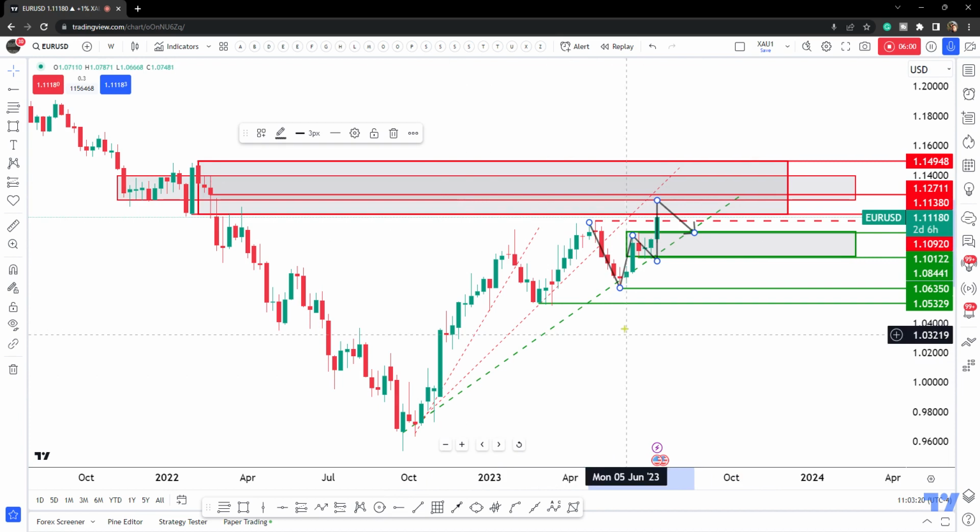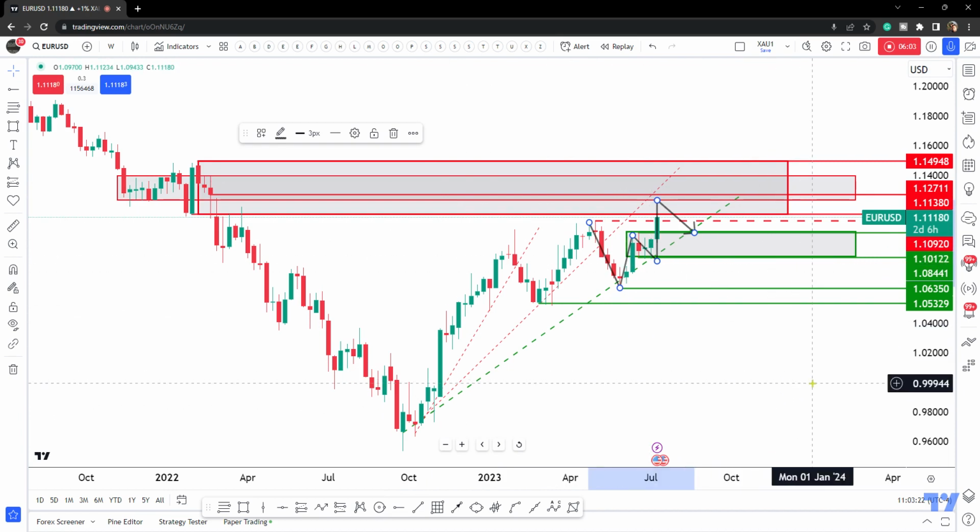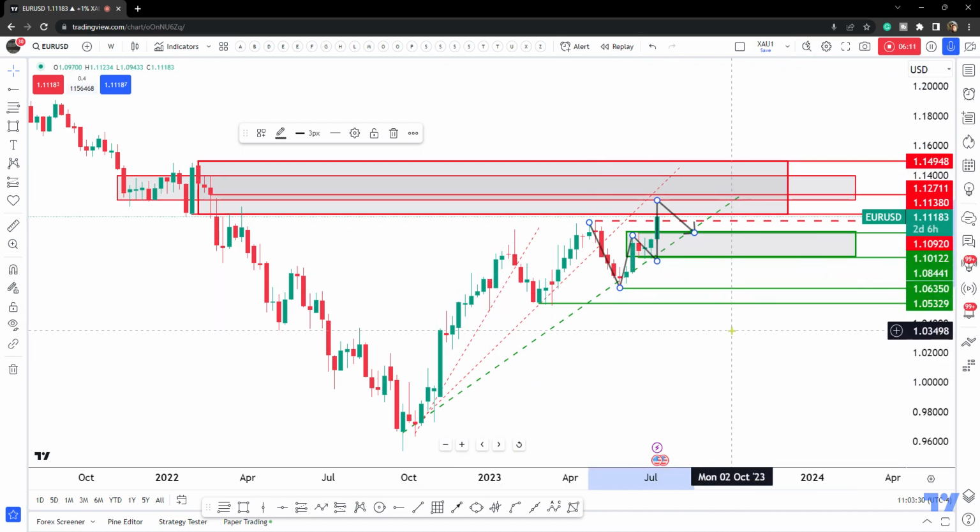So I've marked up those levels on the chart then, 110.12, 108.44 on the downside. This is the weekly chart, so these are wide levels, but it's a blueprint really for what to expect in terms of the market flow on the weekly chart.